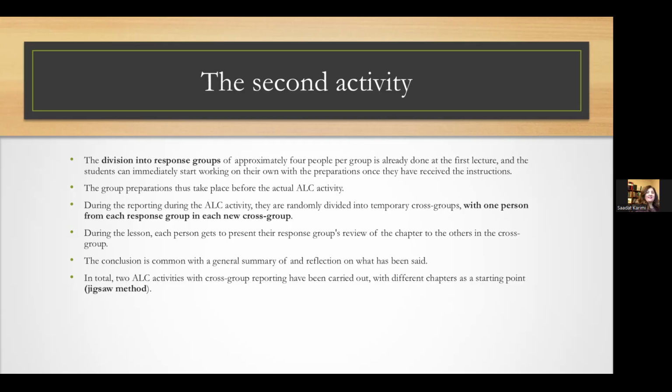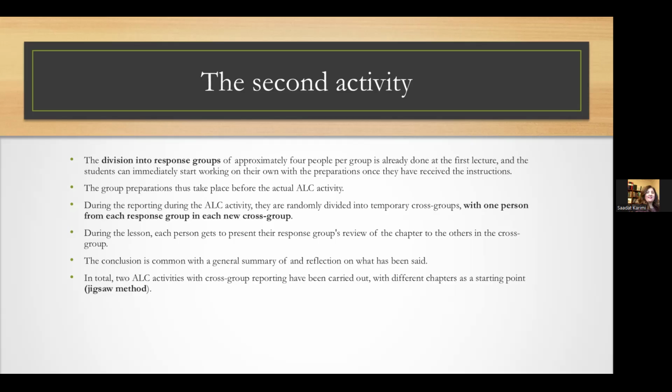The group preparations take place before the actual ALC activity. During the reporting in the ALC activity, they are randomly divided into temporary cross groups with one person from each response group in each new group.